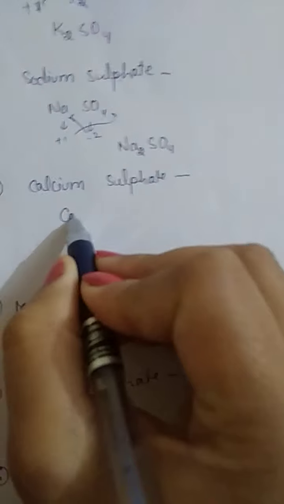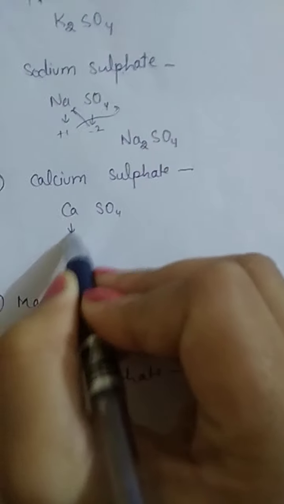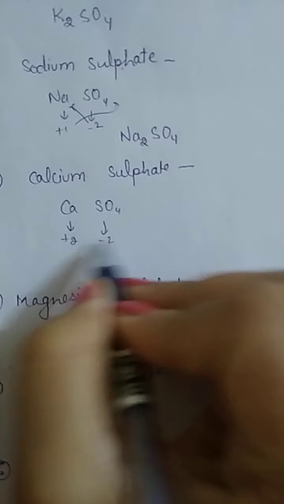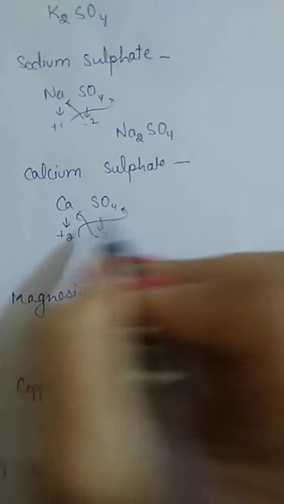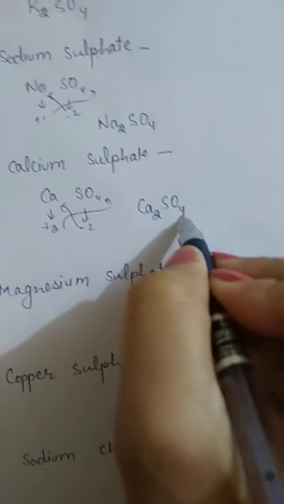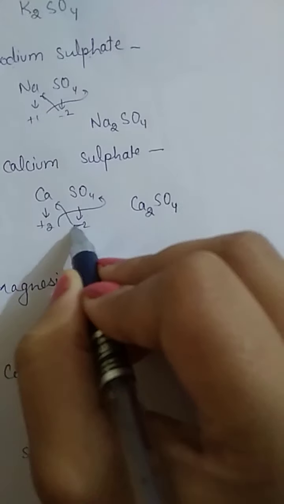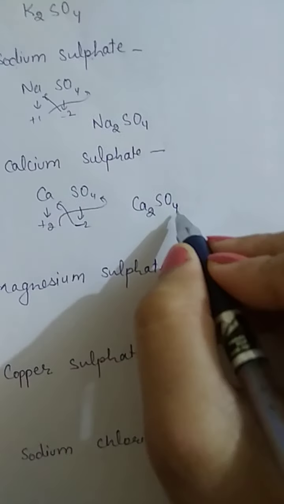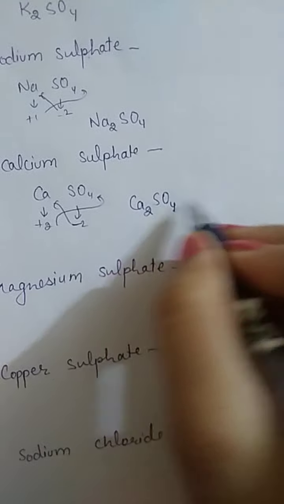Next one is calcium sulfate, CaSO4. It is +2, it is -2. It will cross over, so you can write Ca2(SO4)2. You will not write signs when you write a chemical formula.